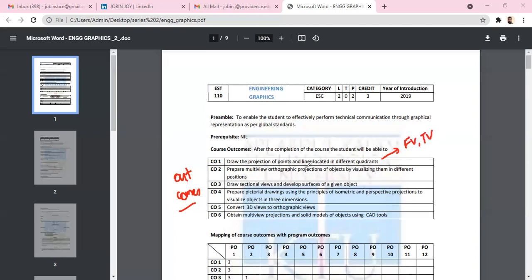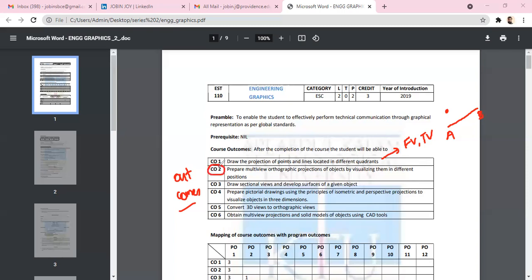Draw the projection of a simple point and a line, for example a line AB, located in different quadrants. Quadrants means our space is divided into 4 areas, that is called quadrants. So this is outcome number 1.